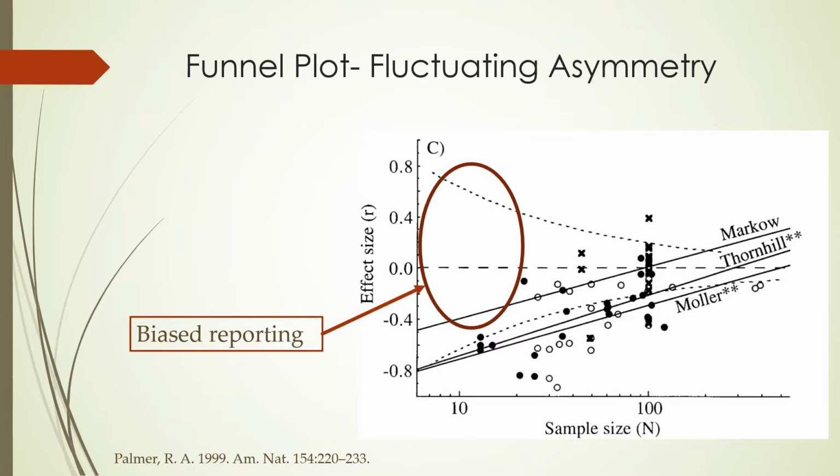And again, you can take a look at it. There is also evidence when they looked at all studies that they selectively excluded some studies in their meta-analysis in order to support the overall hypothesis that asymmetry results in lower fitness or lower choice by mates.